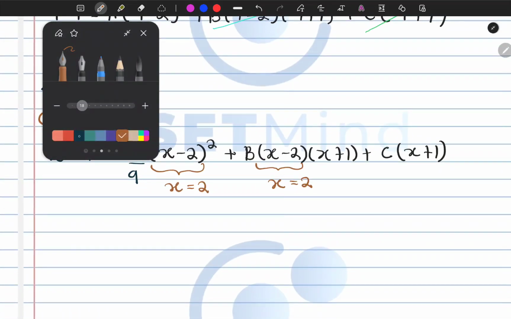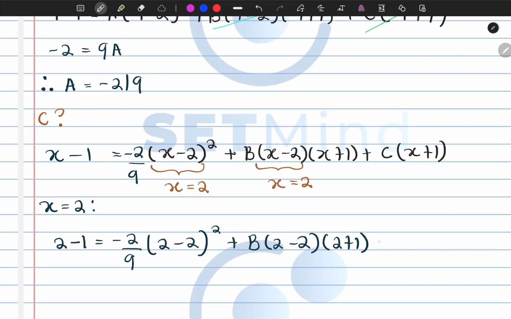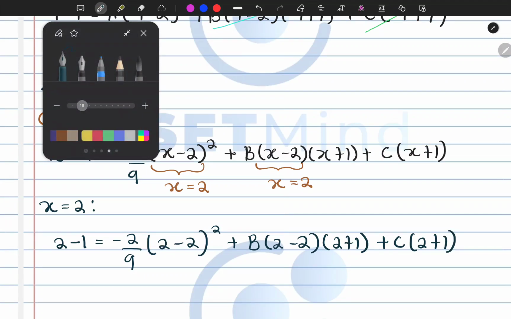So let's go ahead and deal with x is equal to 2. What I'll have is 2 minus 1 equals -2/9 into 2 minus 2 all squared, plus b into 2 minus 2 into 2 plus 1, and plus c, which is 2 plus 1. And there's terms which are going to nicely cancel.